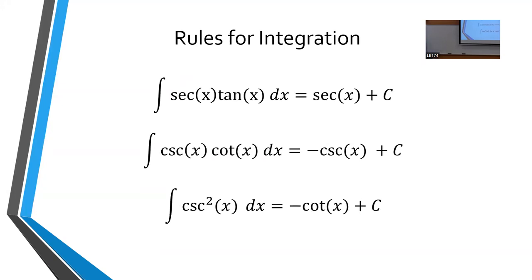Okay. Here's ones that we don't use as much, but we will use some. If you want to integrate, well, let me rephrase this. The derivative of secant is secant tangent. So if you want to take the antiderivative of secant times tangent with respect to x, you get back secant plus c.